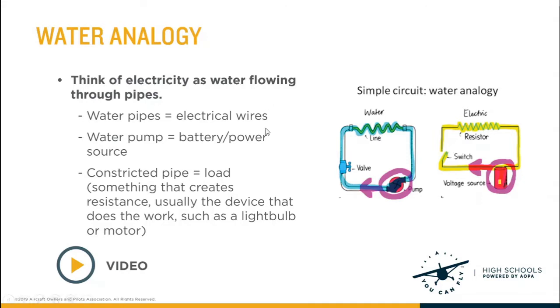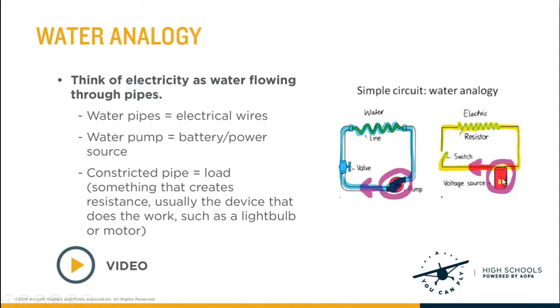An electrical system is a bit like a water system. In water systems, you have some sort of pump that pushes water through a series of pipes. And an electrical system is something similar.